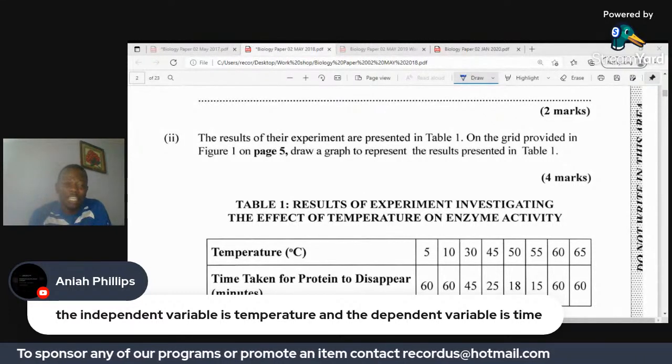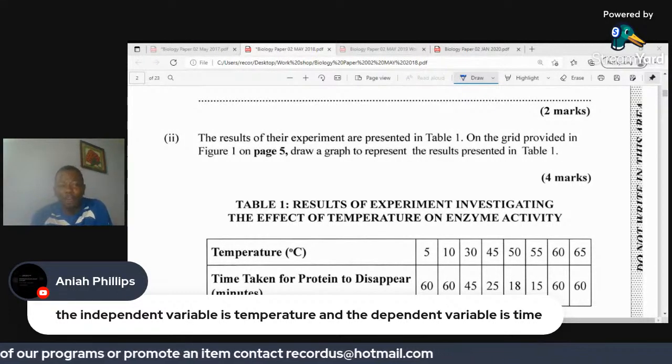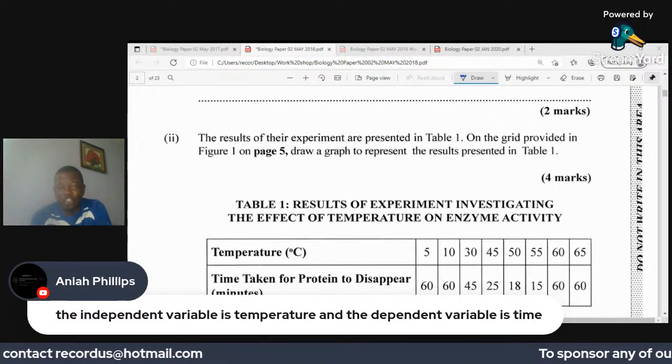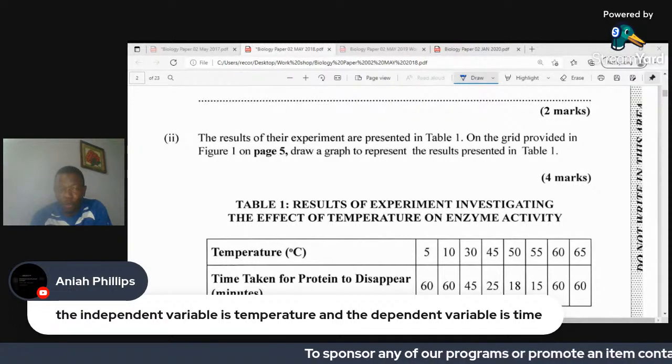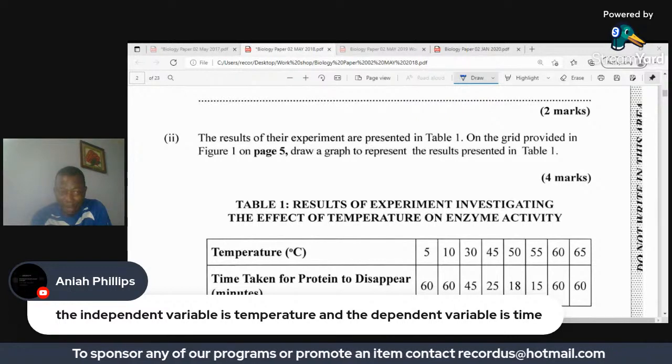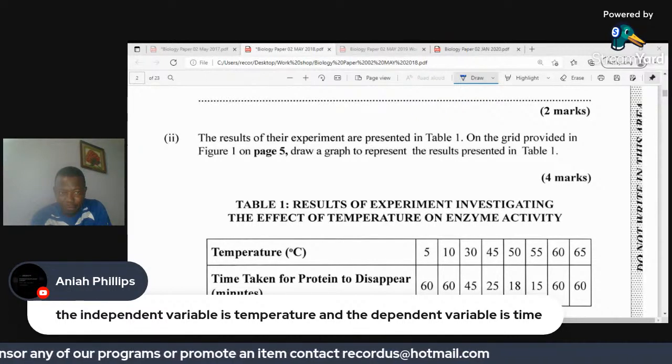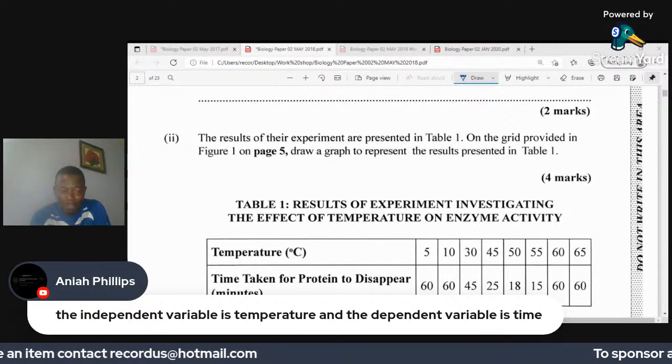Now here, you will observe that what we are manipulating is the temperature.